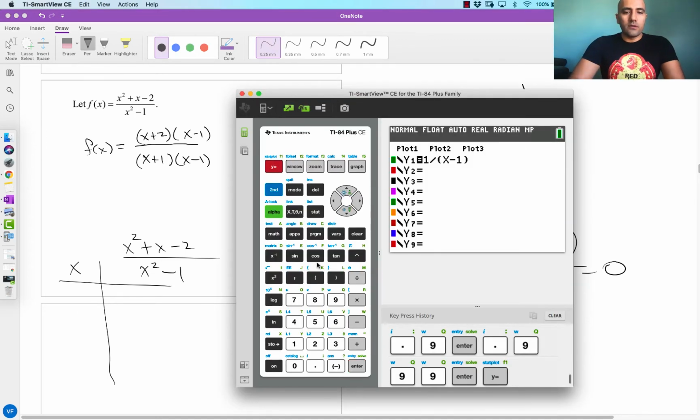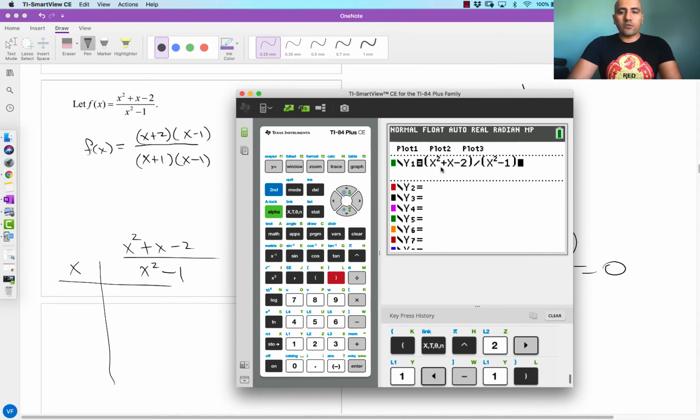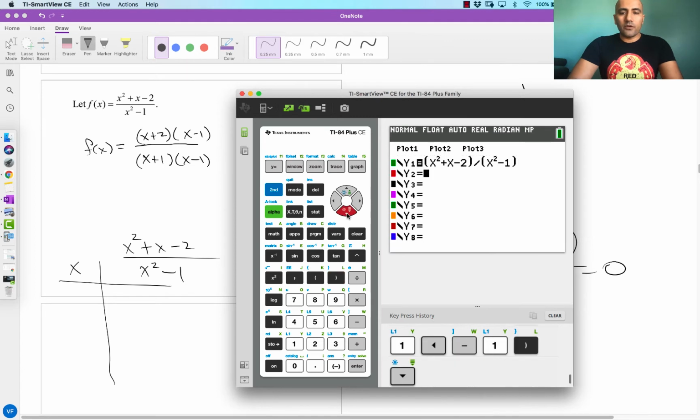Y equals parentheses x to the power of 2 plus x minus 2 close parentheses divided by parentheses x to the power of 2 minus 1 close parentheses. So x squared plus x minus 2 divided by x squared minus 1. Good. So here's my function.